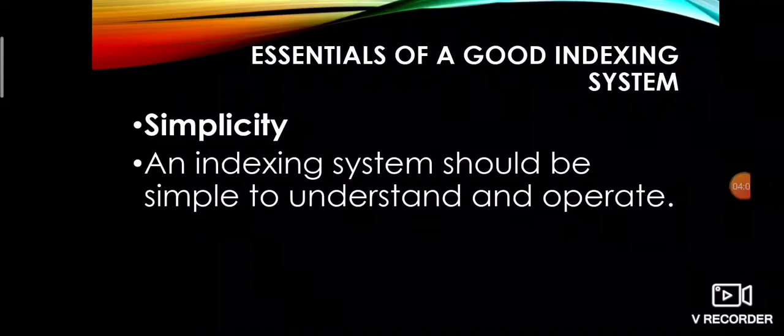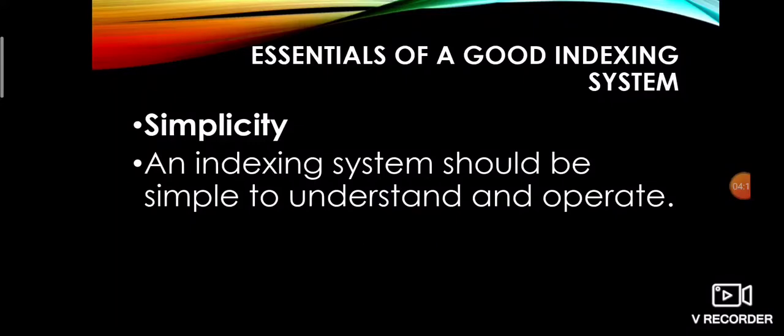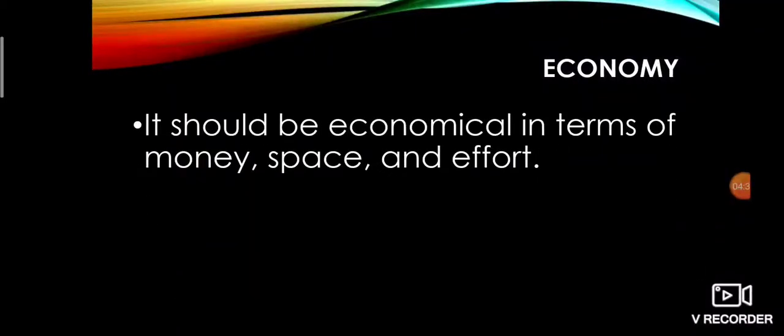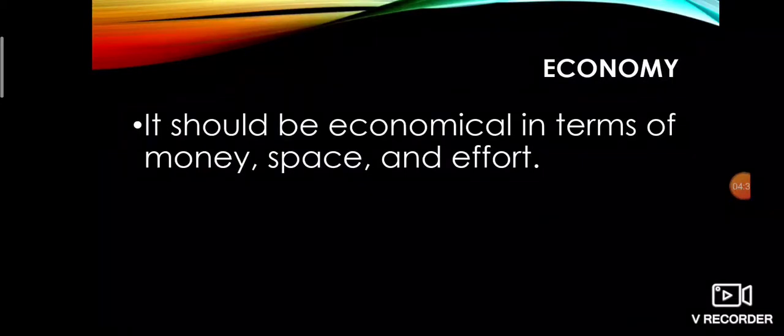Na andun yung topic, but hindi yung buong detalye; it should be simple, but the information is there. It's parsimonious. And secondly is economy. It should be economical in terms of money, space, and effort.